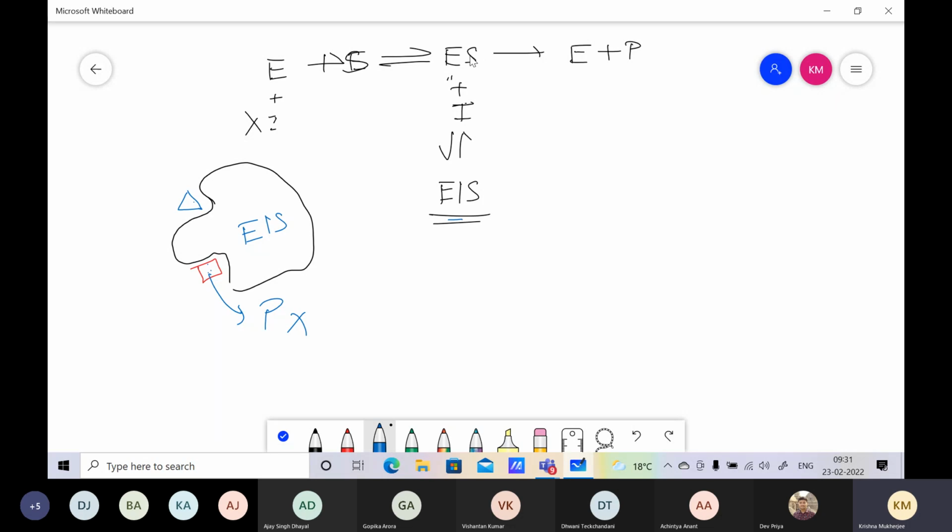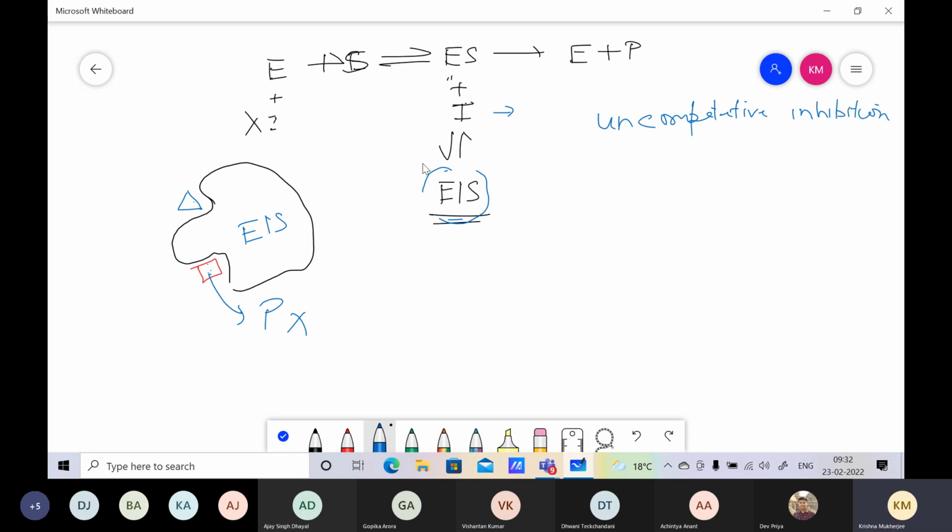So some of the ES quickly goes to E plus P and releases enzyme, but some of the ES gets bound to I, depending on, of course, the concentration of I and the binding constants, and therefore forms a dead end complex. So this is not competition here, so it is called uncompetitive inhibition. That was competitive inhibition, this is uncompetitive inhibition.